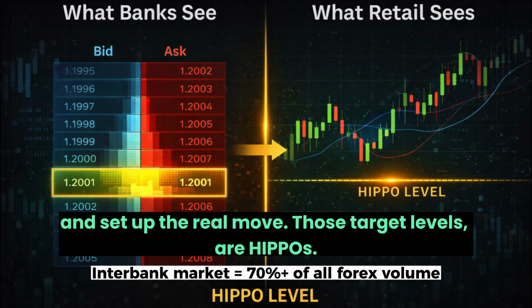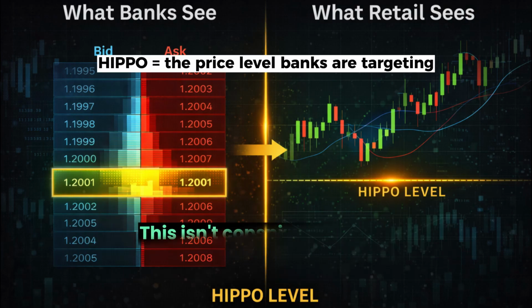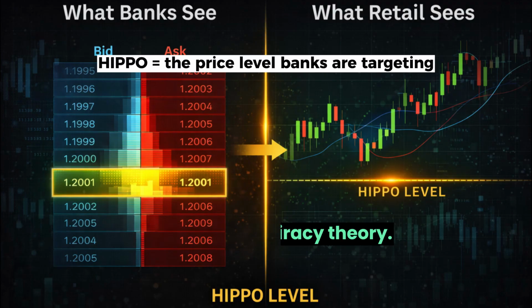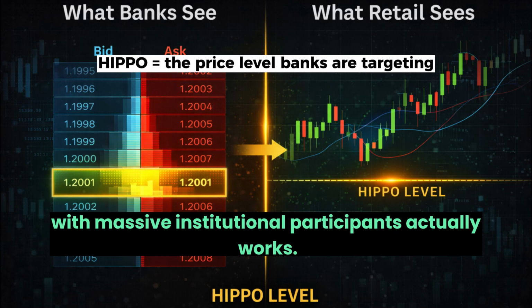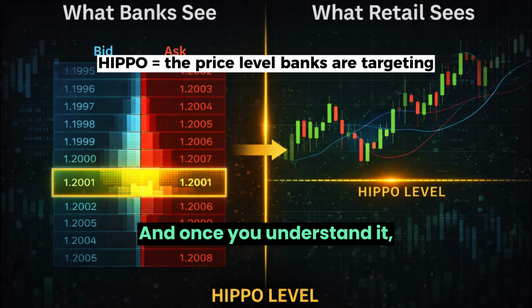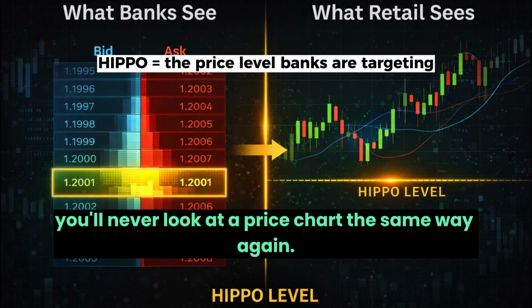Those target levels are HIPPOs. This isn't conspiracy theory. This is the mechanical reality of how a market with massive institutional participants actually works. And once you understand it, you'll never look at a price chart the same way again.